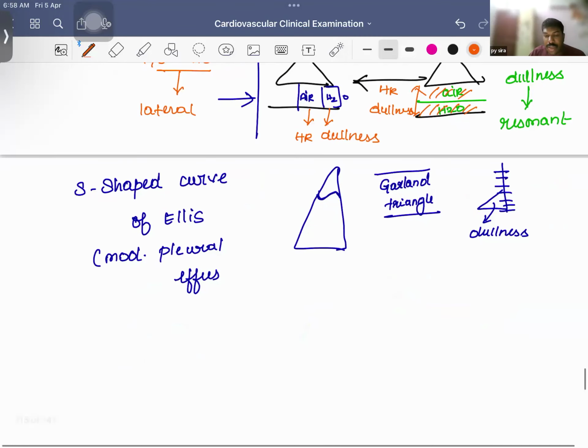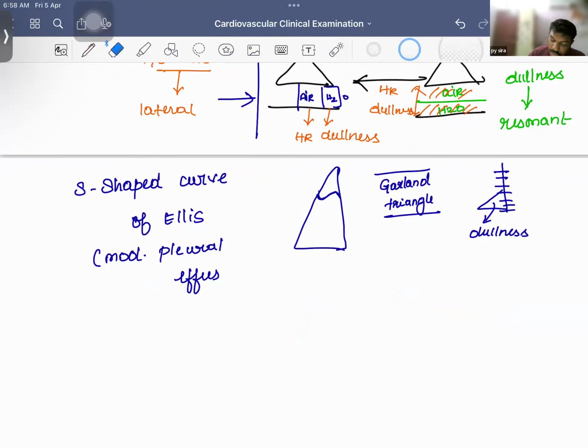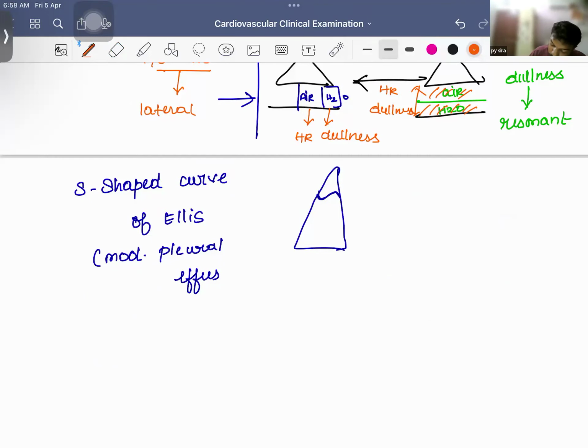Then the S-shaped curve of Ellis. Whenever you percuss along the posterior side, axillary side, and anterior side, when you percuss here, there is a band of dullness.